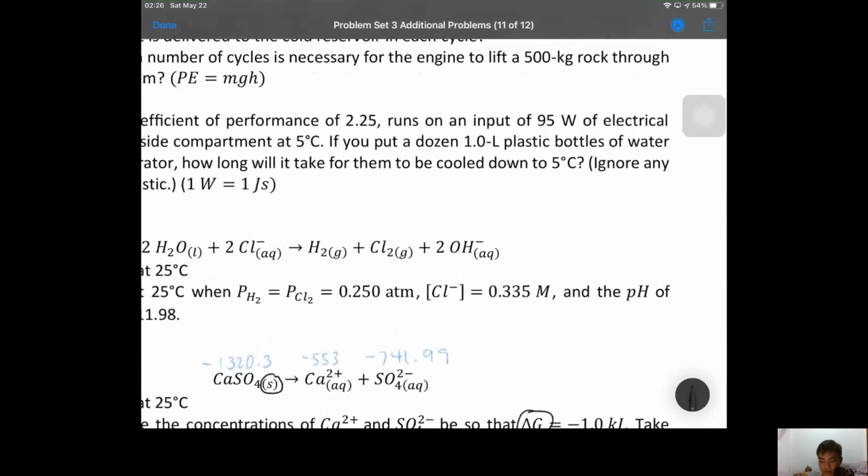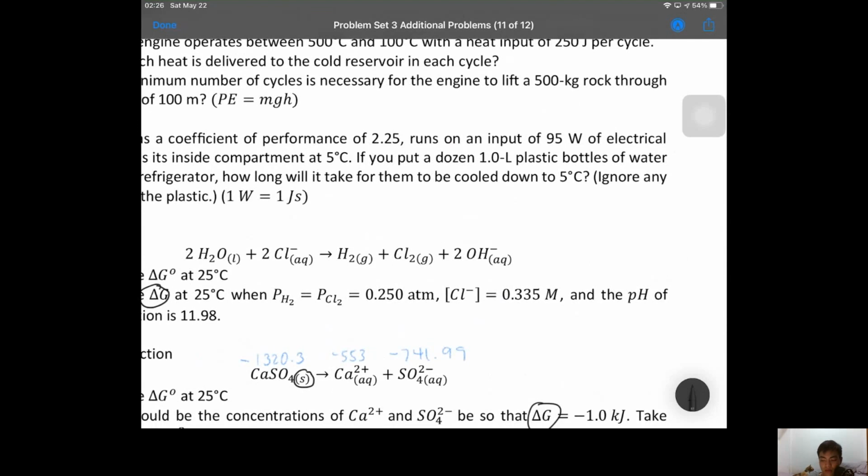Okay. So, in writing Q, take note na Q is equal to products over reactants. So, in the product side, we have hydroxide. Okay. So, we have hydroxide ion square. Aqueous yun, so you have to write it. How about the gases? For gases, instead of using square brackets, we use letter P. Okay?